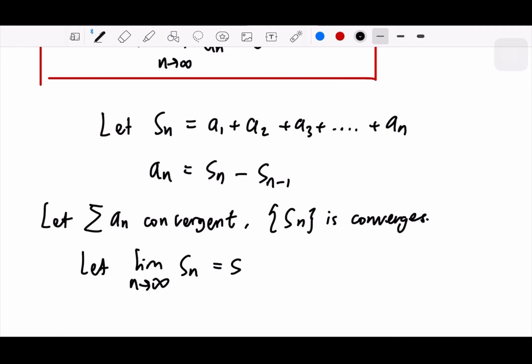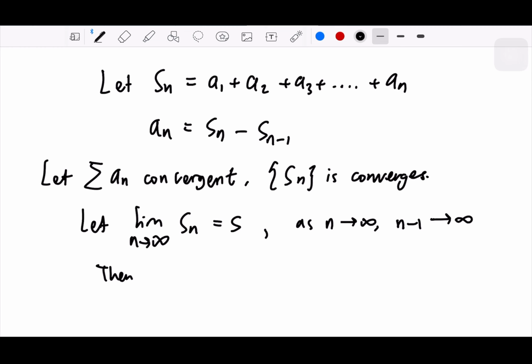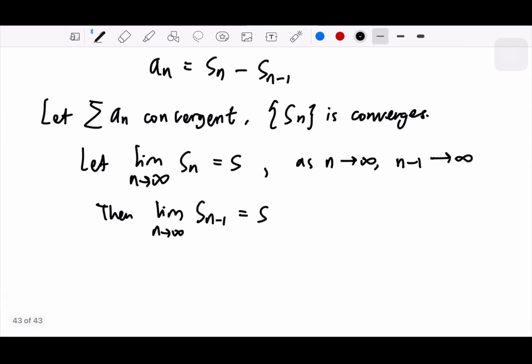Okay. And then as n approaches infinity, then n minus 1 also approaches infinity. Then we also have the limit of Sn minus 1 that is equal to s. Also the same value.